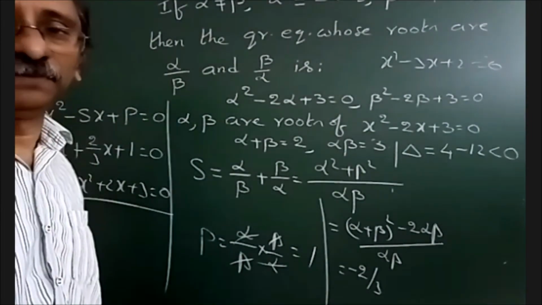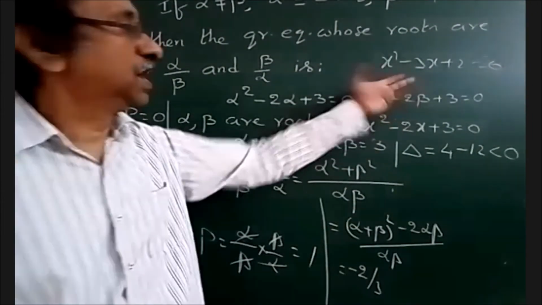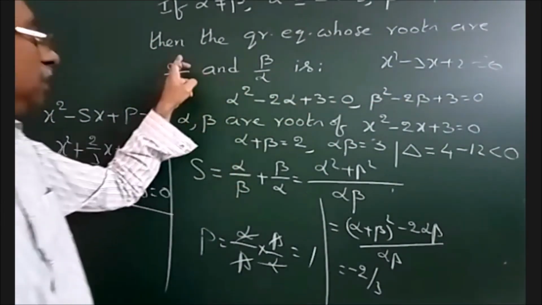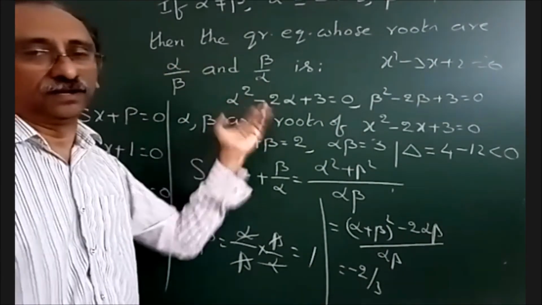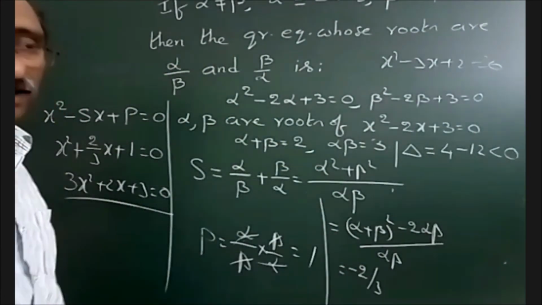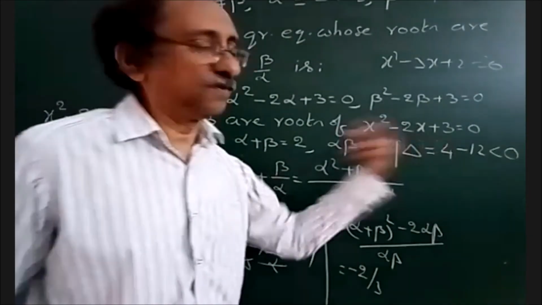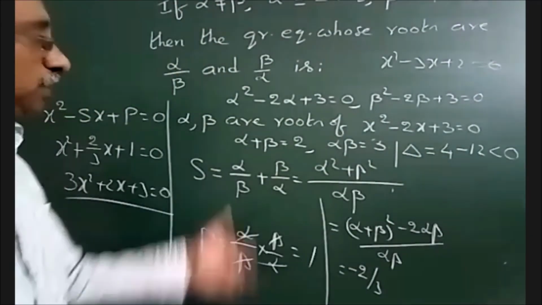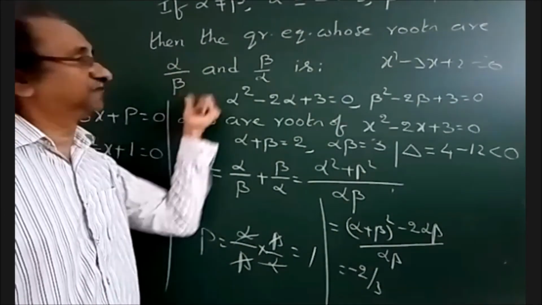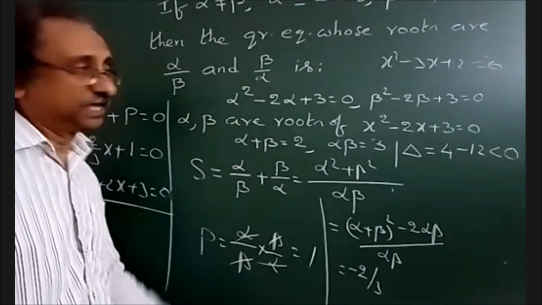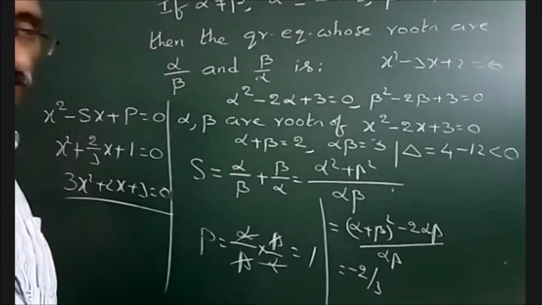Then simply the roots are 1 comma 2 and there is no problem at all. This is 1 by 2 and 2 by 1 and I can find the next quadratic equation. But here the roots are in the form of complex numbers. So it is quite difficult to find alpha by beta and beta by alpha. That's why we adopted this method.